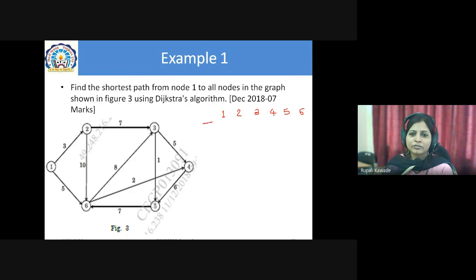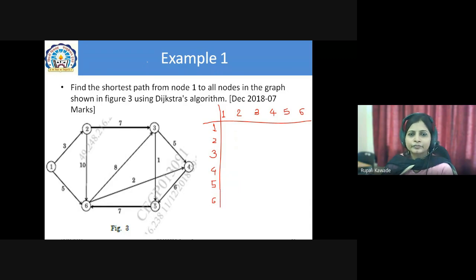I have noted it down. Why are we mentioning this? So that we will know what previous weights we have initialized for all. On this side also I'm mentioning all the vertices 1 to 6, because we have to update the weights in each iteration.